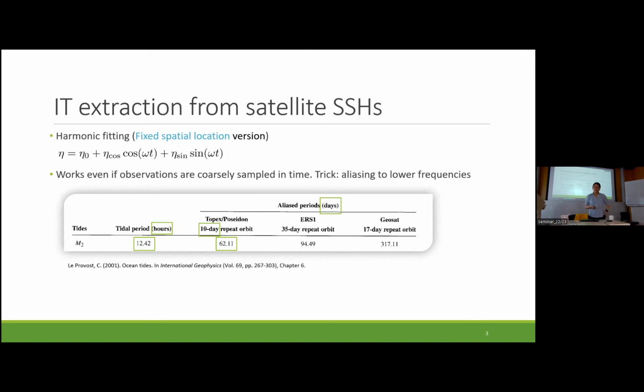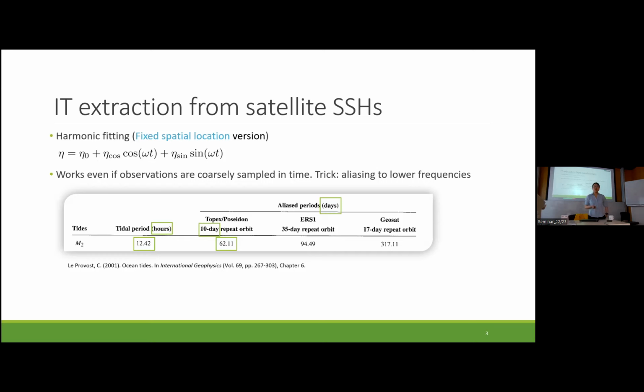For example, in the TOPEX/Poseidon satellite observation, the observational period is about 10 days, which is much longer than 12 hours of the dominant tidal period. But the trick is to find some kind of least common multiple between the two periods, between the period of the satellite observations and the tidal period.